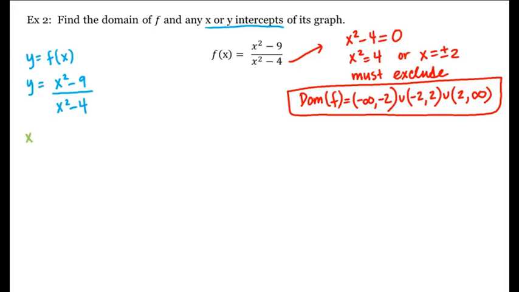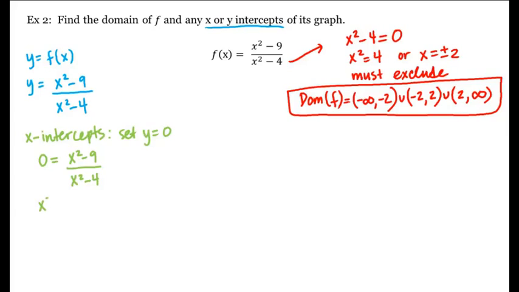So let's start with the x-intercepts, which we can find if we set y equal to 0, which means we have 0 is equal to x squared minus 9 divided by x squared minus 4. Now, a fraction is equal to 0 when the numerator is equal to 0 and the denominator is not.